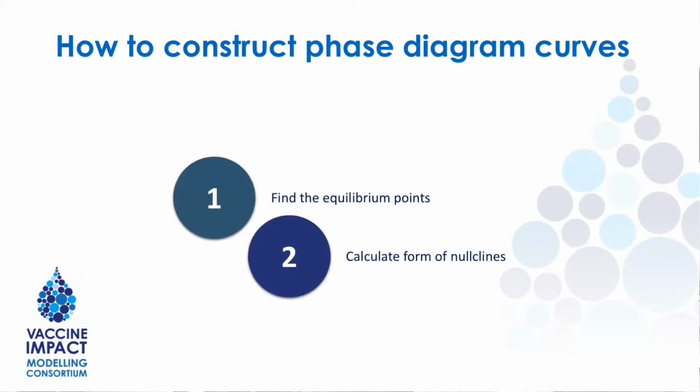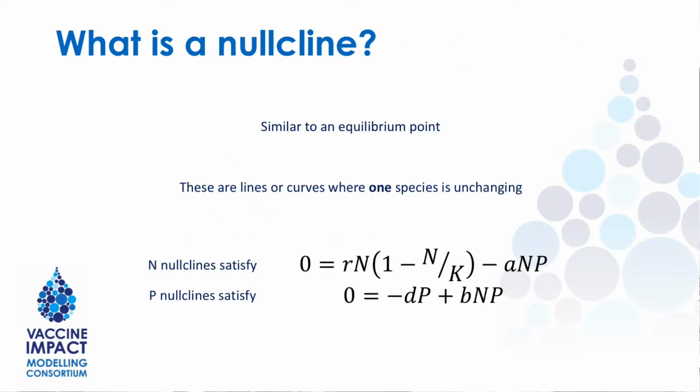Okay. So, next up, we've got equilibrium points. That's where both populations aren't changing. So what is going to happen if one of our populations is not changing? So when we reach a maximum or minimum in that population. Well, that's what we call a nullcline.